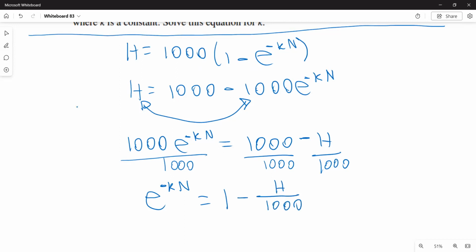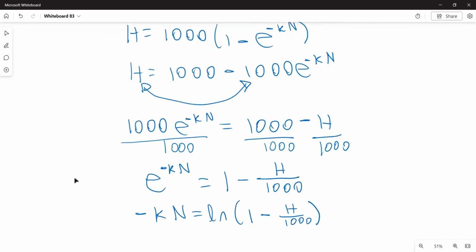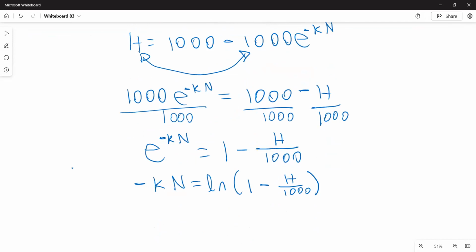Now that I have the exponential by itself, I can rewrite in logarithmic form. The opposite of kn is the natural logarithm of 1 minus h over 1,000. So k is the opposite of 1 over n times the natural logarithm of 1 minus h over 1,000.